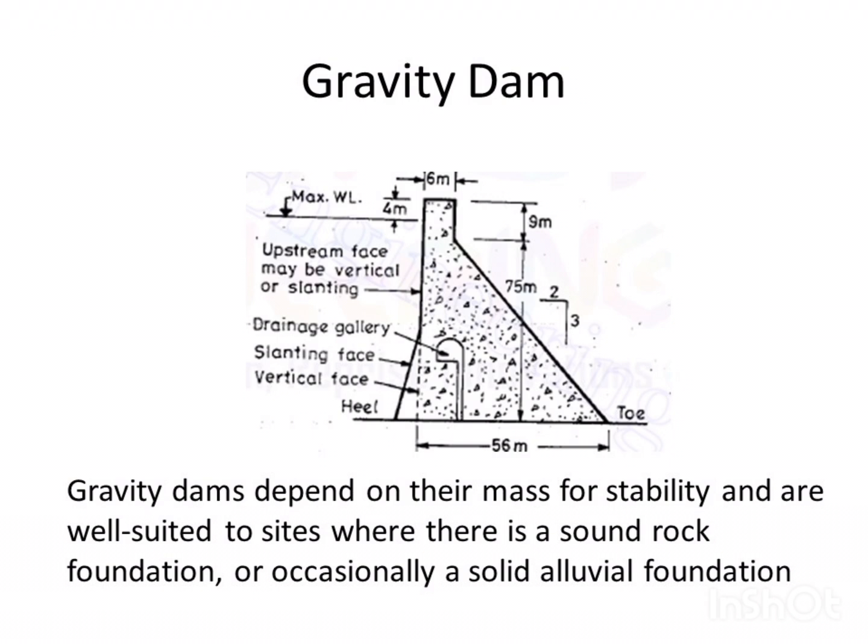So, gravity dams are bulky. Gravity dams are suited on rock foundations and occasionally on alluvial foundations also. Gravity dams are usually trapezoidal in shape, and they resist the water force by gravity.